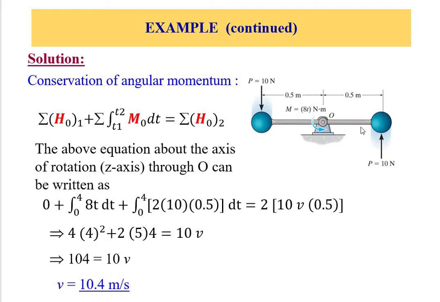In a similar fashion here, because they are identical, I'm going to multiply by 2 and I'm going to end up with r of 0.5 multiplied by the velocity, which is unknown at instant 2, or at time equal to 4, multiplied by the mass. So this is one equation with one unknown. You conduct the integration, it's simple, and that's going to give you a velocity of 10.4 meter per second.